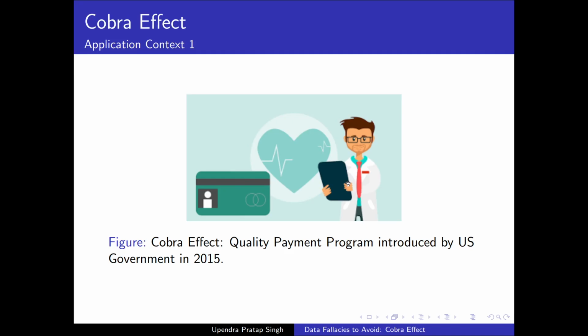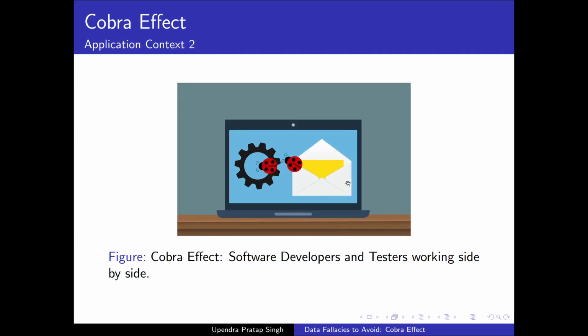So this whole system, while it was designed to improve the healthcare being given to the patients, ended up having a system where doctors started to please the patients. So this was one instance when Cobra effect was seen in the US.